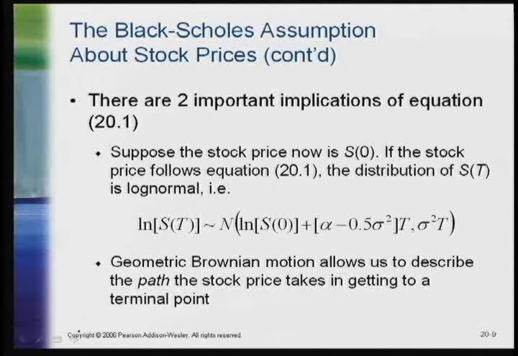The first is that if we assume that the stock price today is S of 0, then we can identify the probability distribution of stock prices at time capital T for any capital T. And in particular, what we find is that S of t will be log normally distributed. You remember what that means. If we say that S of t is log normally distributed, that means that the logarithm of S of t has a normal distribution.